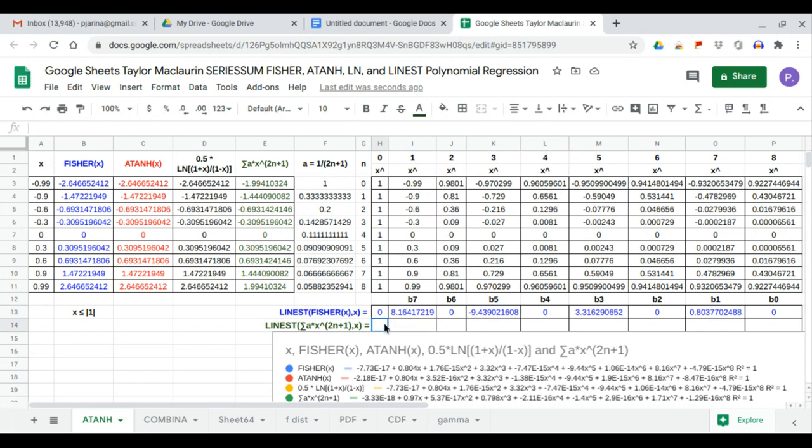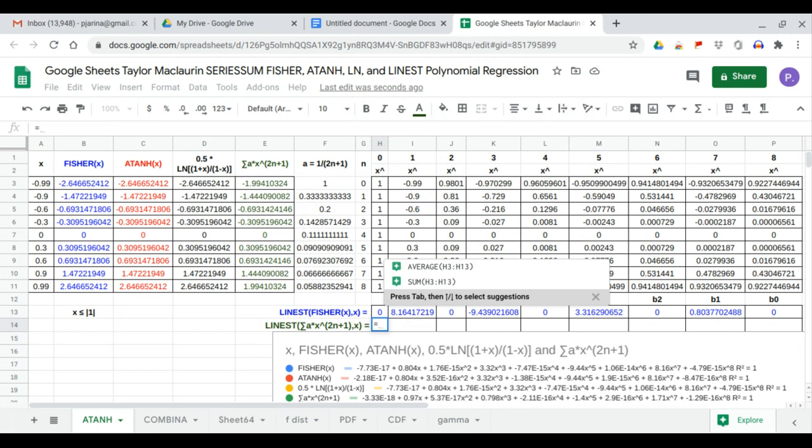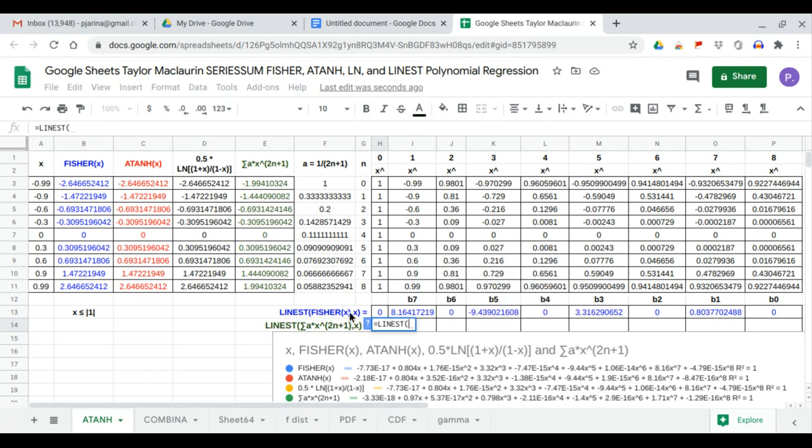Now we'll use LINEST on the expansion. So LINEST of the expansion, which is also an approximation to the Fisher and the inverse arctangent or inverse tangent.